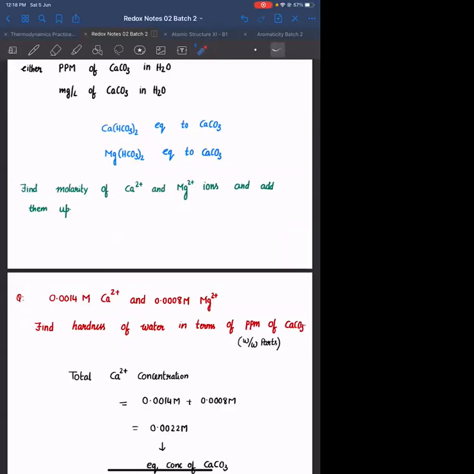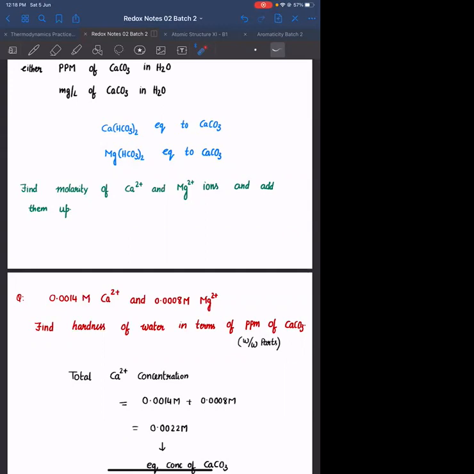Calcium sulfate, 1 mole of calcium sulfate is equivalent to 1 mole of CaCO3. Agreed? Calcium chloride, magnesium chloride, whatever it may be, I can convert into an equivalent amount of CaCO3. You need to add all the molarities of individual ions, and that will be equal to the equivalent amount of CaCO3. Agreed? Yes, sir.